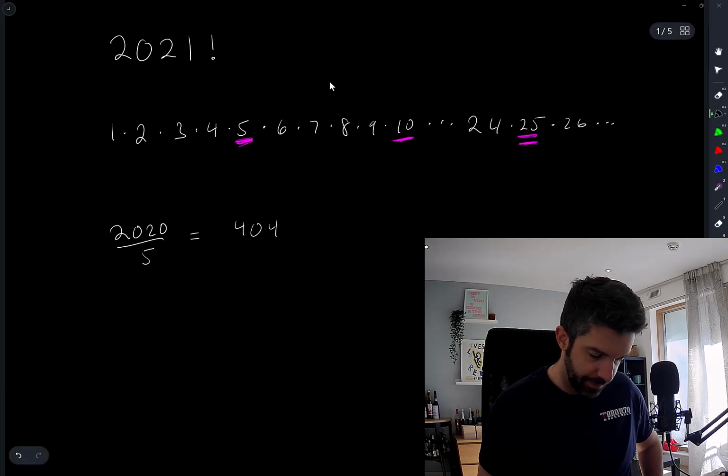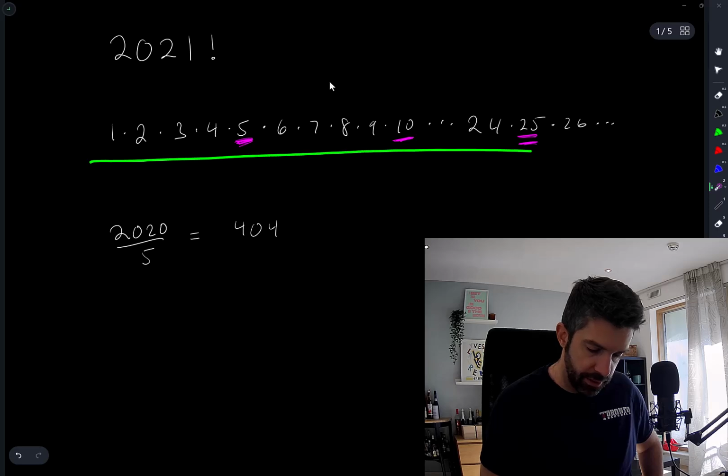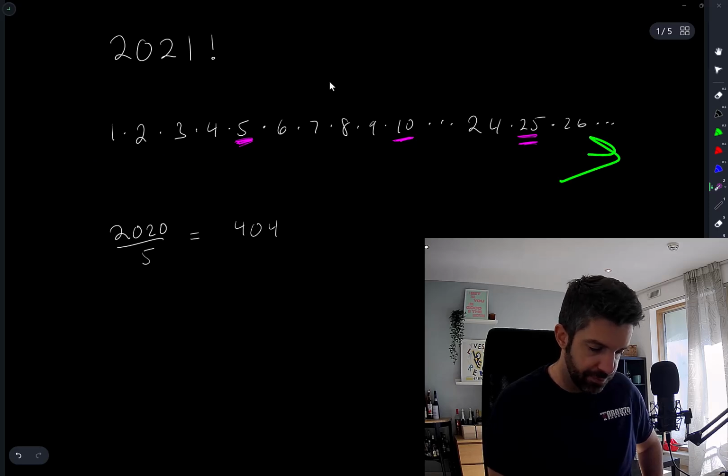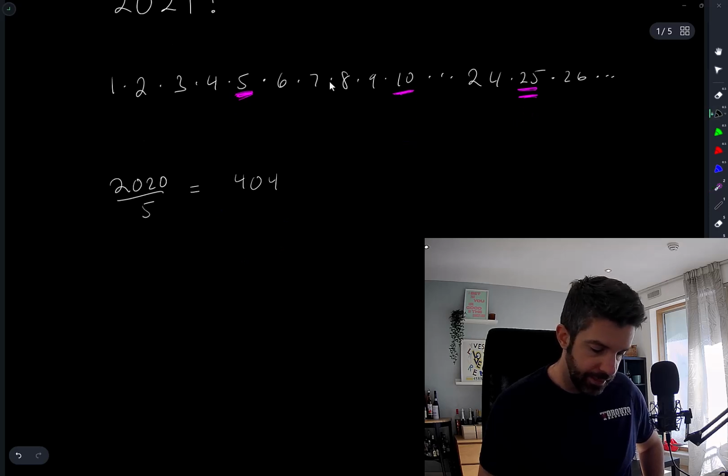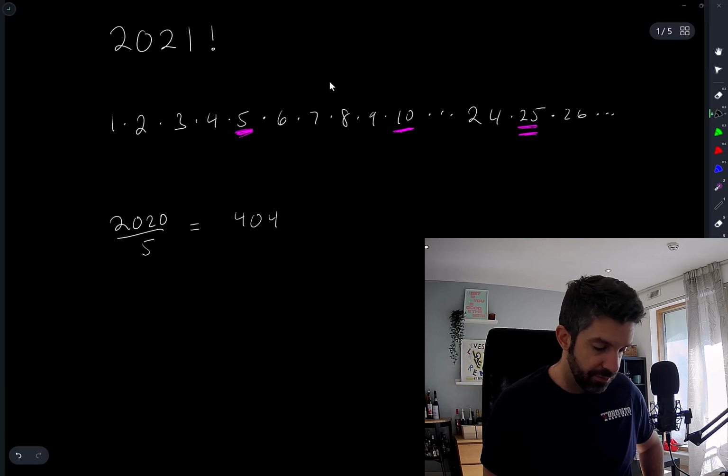Yeah, okay. So in going across all the way up to 2021, we pass 404 multiples of 5. Now let's count how many multiples of 25 there are.